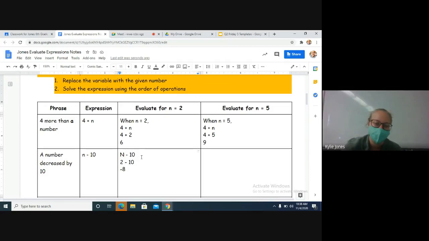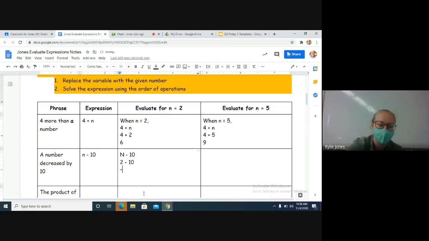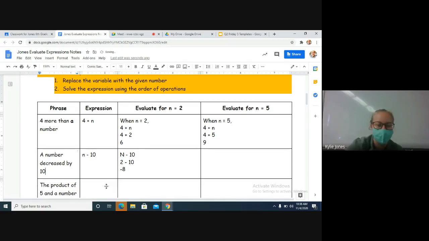All right. For our second box over there, I'm going to get rid of some of these lines. All the way at the end, it says evaluate when n equals 5. So we have the same expression, n minus 10. If n equals 5, what am I going to replace n with?